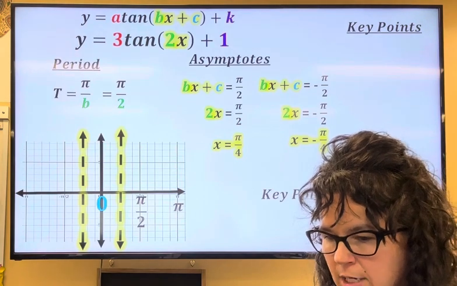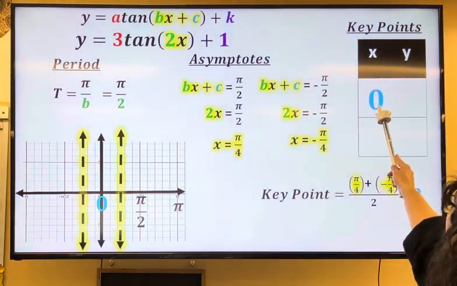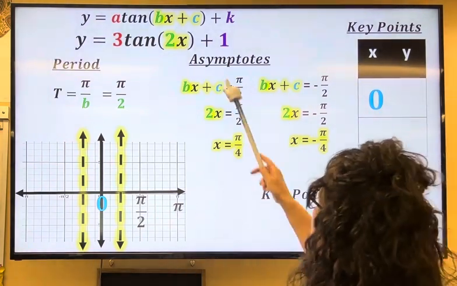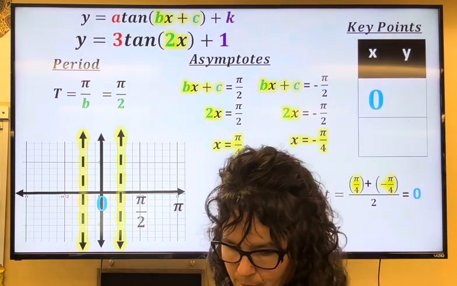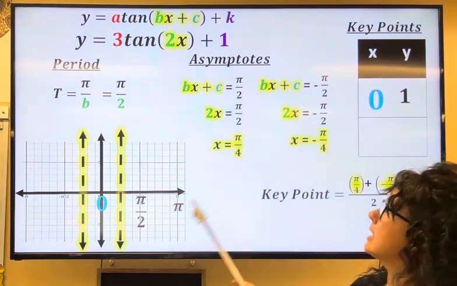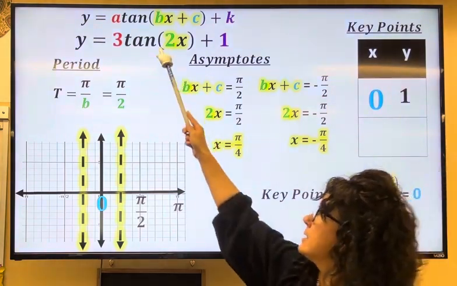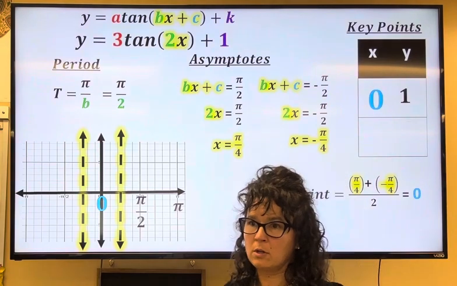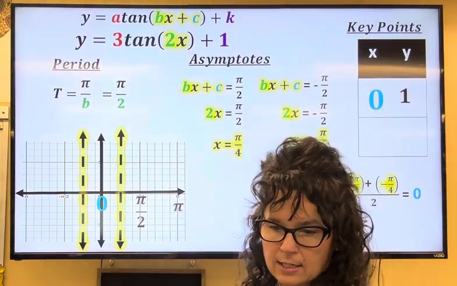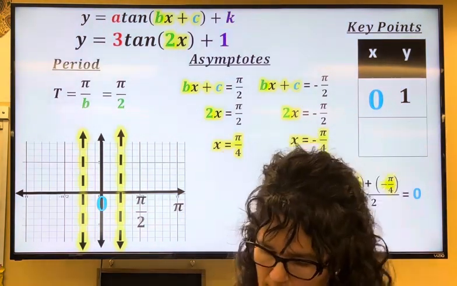And then I'm going to substitute that number, 0 in this case, into my equation. So if I substitute in 0, I end up getting 1. Now I'm not going to take the time to go through that on the unit circle, but if I go to an angle of 0, the tangent is going to be 0. 3 times 0 is 0, plus 1 is 1.